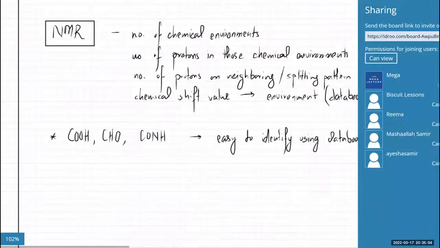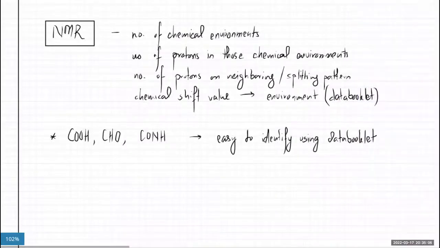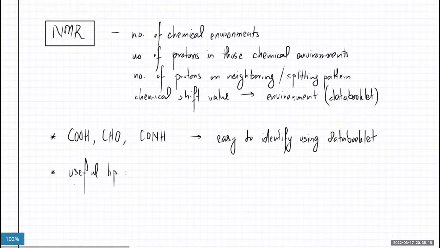I'll add an extra tip: if the carbon and hydrogen ratio is close to 1:1, that would indicate the presence of benzene.